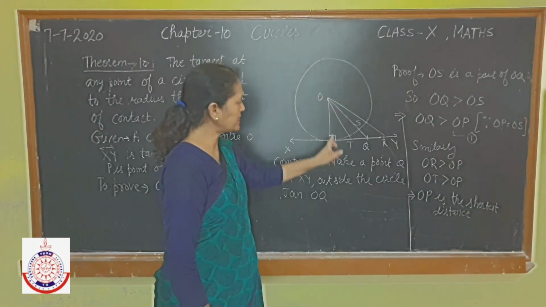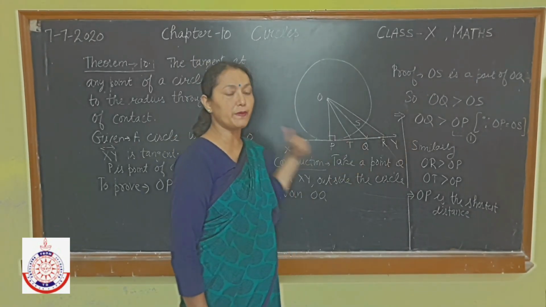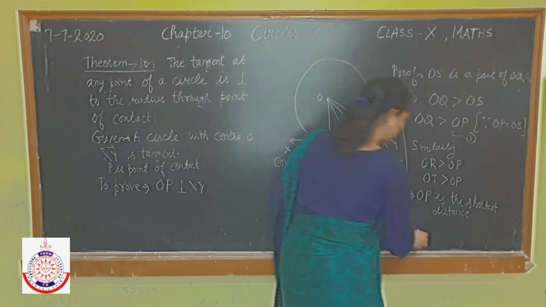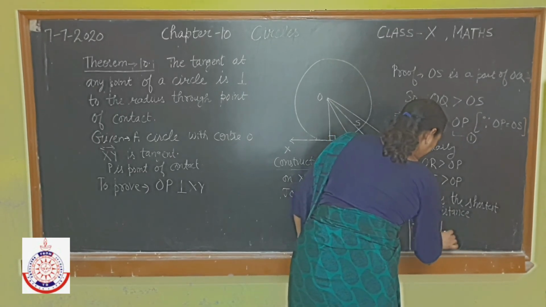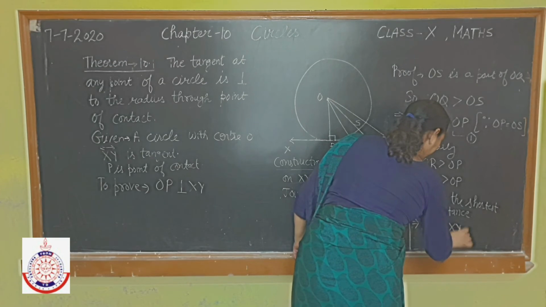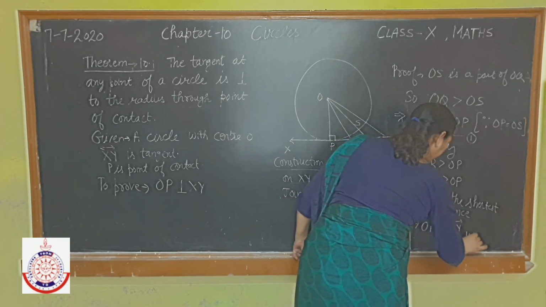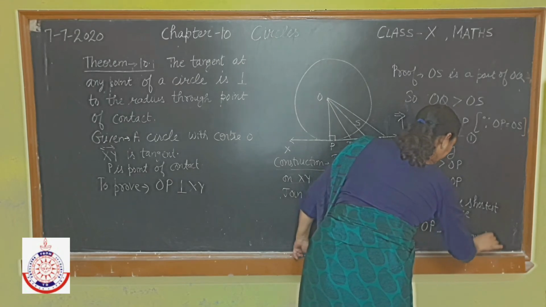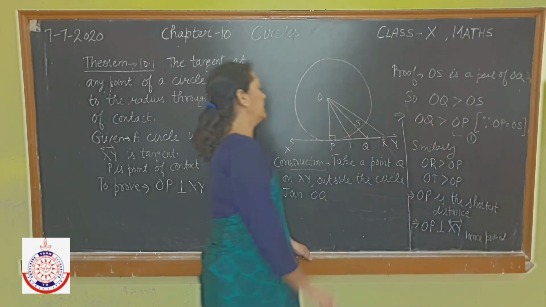And the shortest distance from the center is always perpendicular to the tangent. OP is perpendicular to XY. Hence, proved.